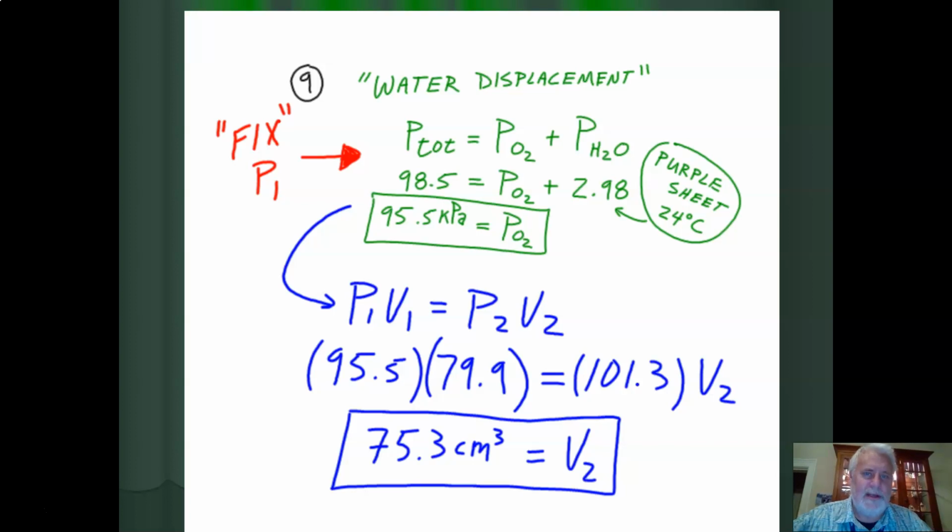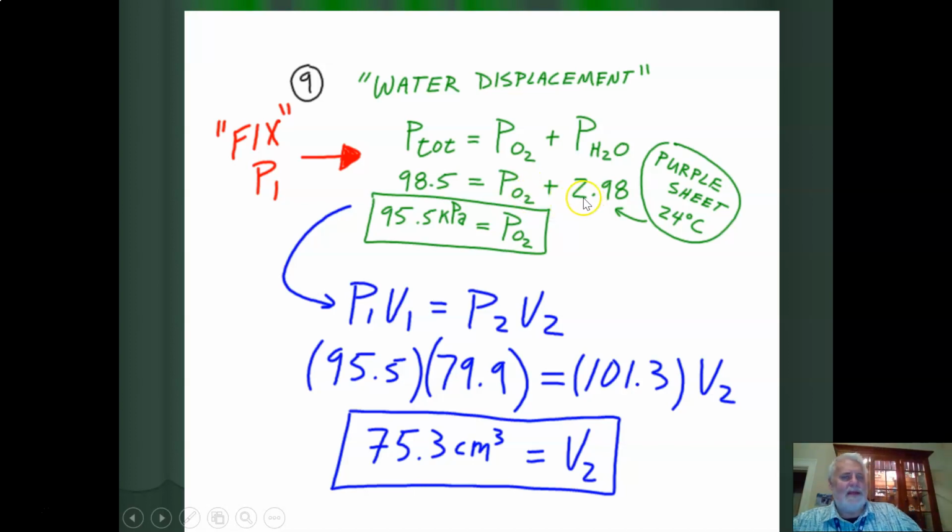And you fix it by, first of all, writing out Dalton's law. So that's Dalton's law of partial pressure. And that's the total pressure given in there. And a lot of people will plug that in right down there as your P1, but it's not the right pressure. It's a little bit wrong. And that's why we have to fix it. So we're looking for the partial pressure of oxygen is really what needs to go into that equation.